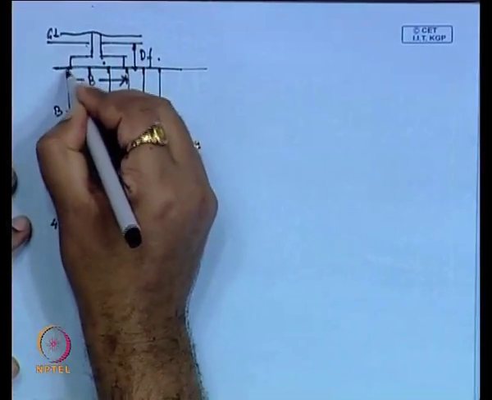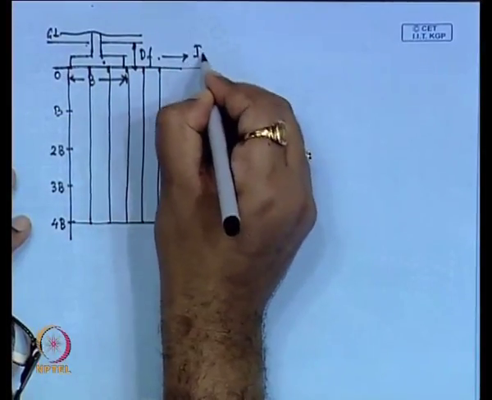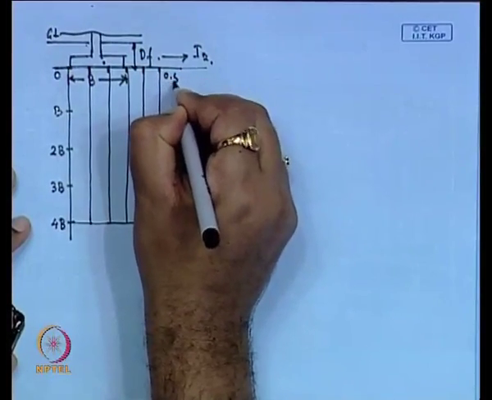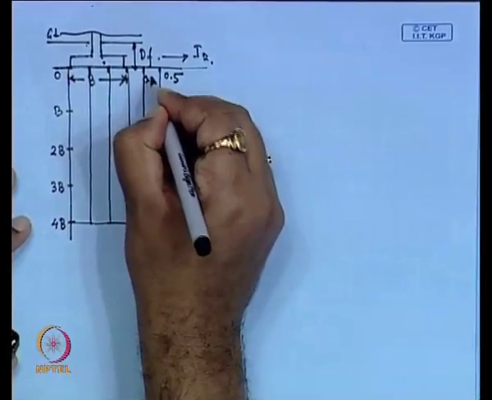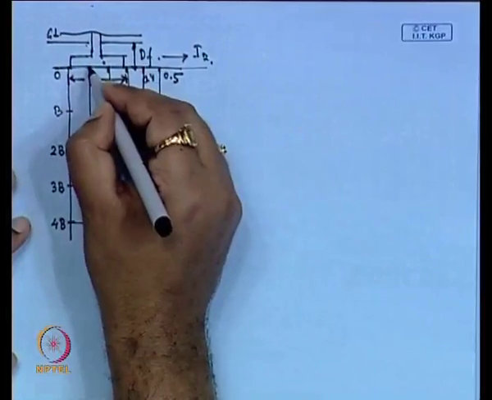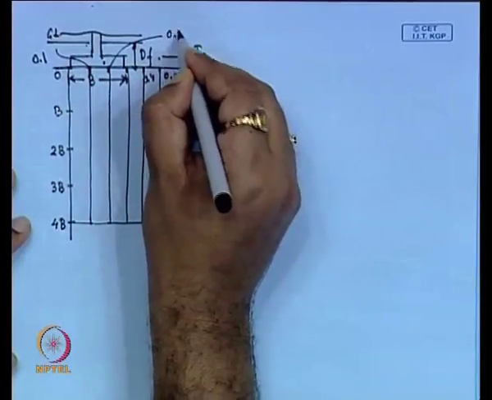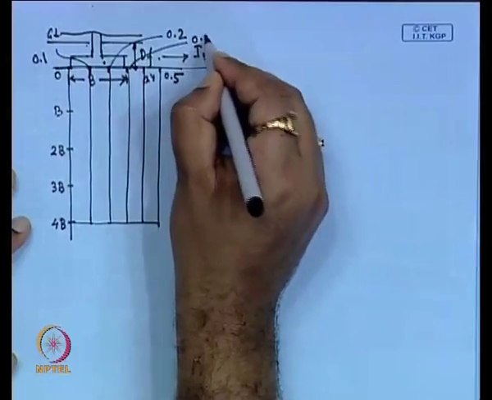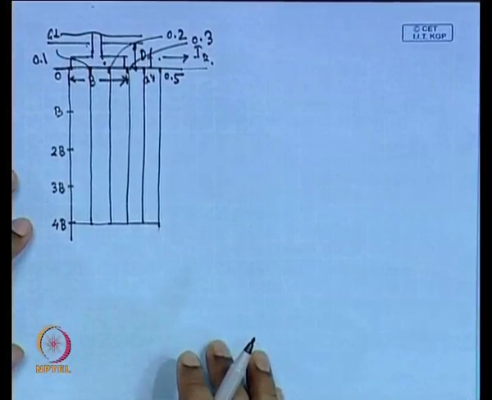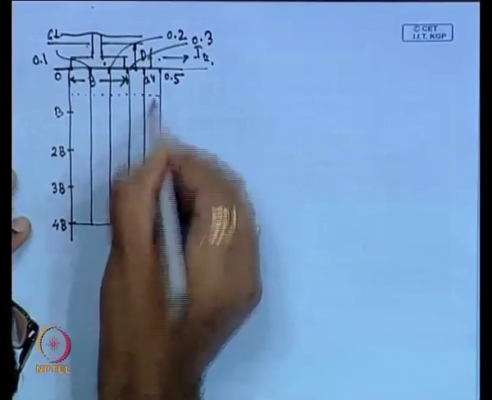So, that means this is 0, and in this direction is Iz, that coefficient: this is 0.5, this is 0.4, this is 0.1, 0.2, 0.3, 0.4, and 0.5. Now, this one is the point at the B distance.